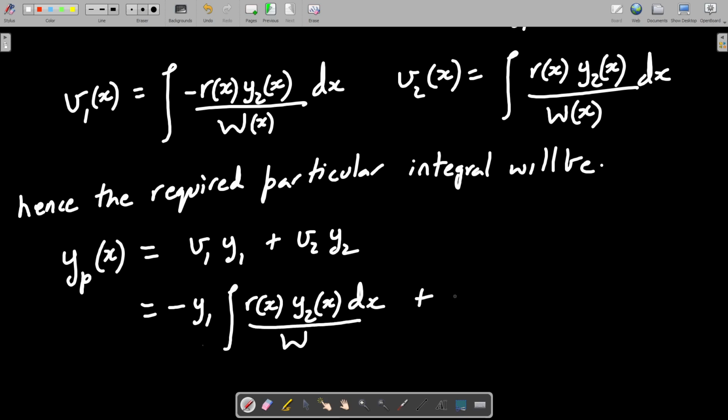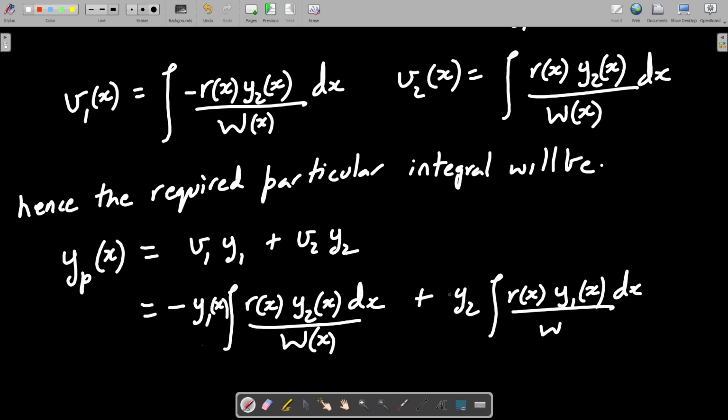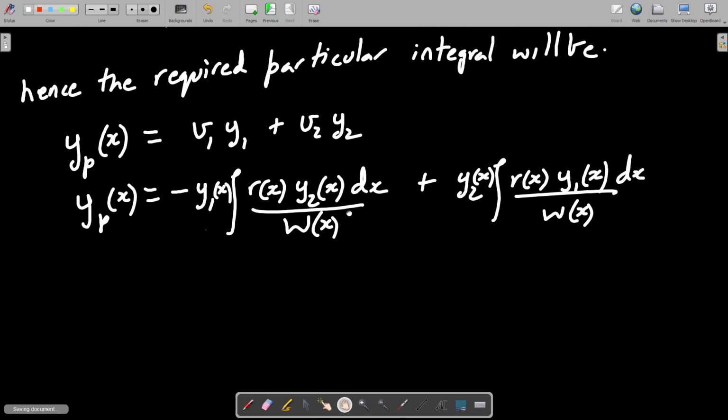Plus y2 times this integral of rx y1 of x upon W. This is also a function of x. So this will be a particular integral, and hence your general solution will be the sum of the complementary function and this.